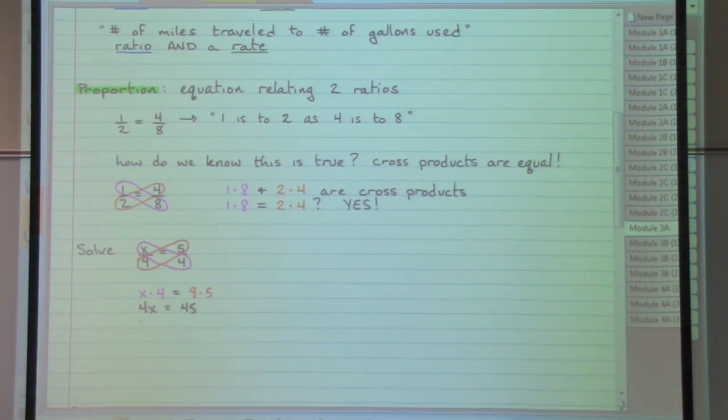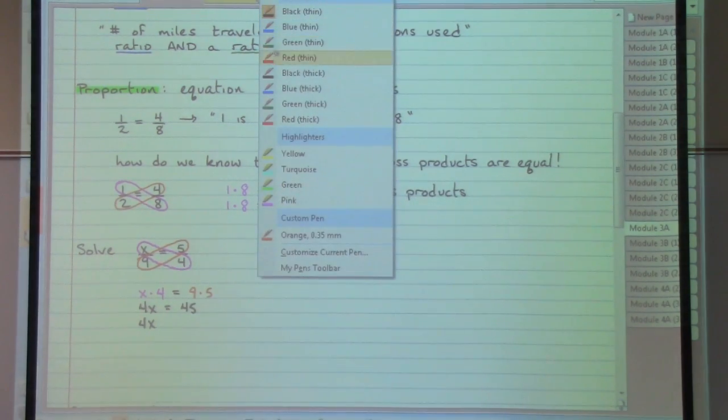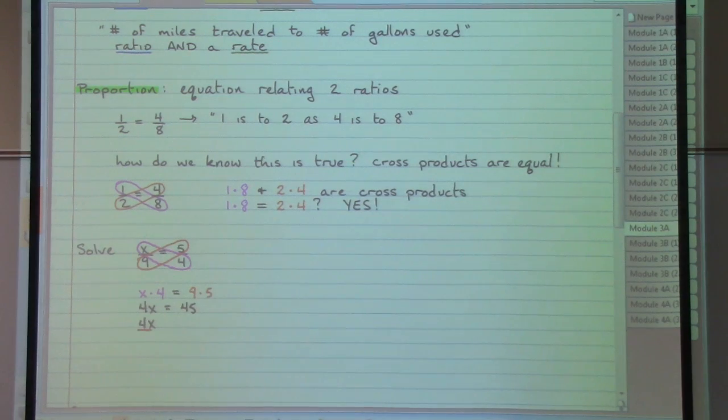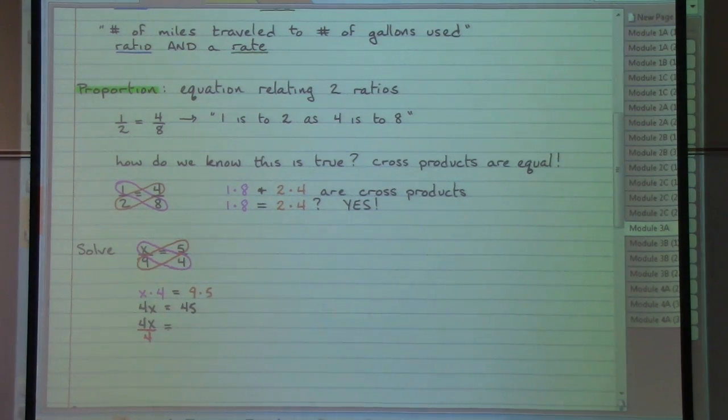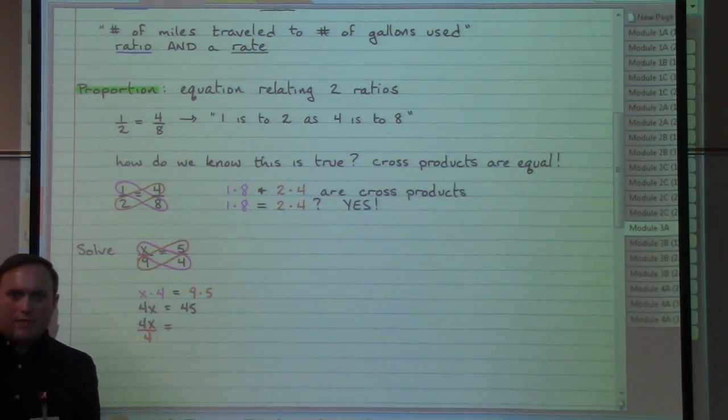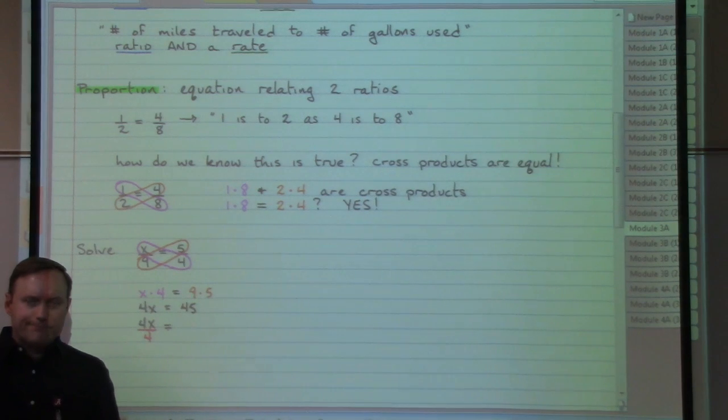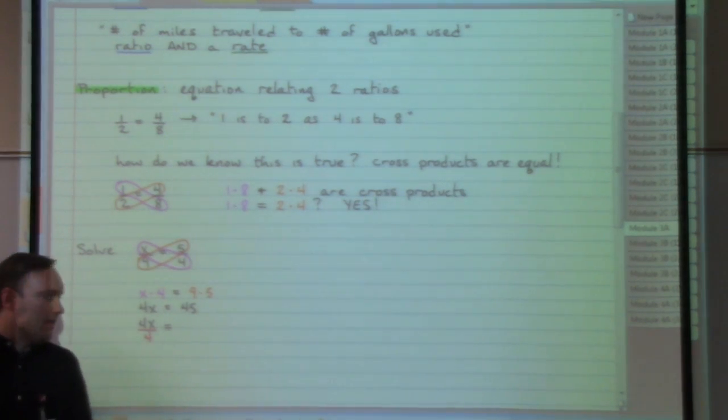Now we don't want to just divide by 4 on the left-hand side. And again, let's call attention to this, dividing by 4. We don't just want to do this on the left-hand side. The equals symbol in here means that we need to keep things equal, the same, or we could say we need to keep things balanced.